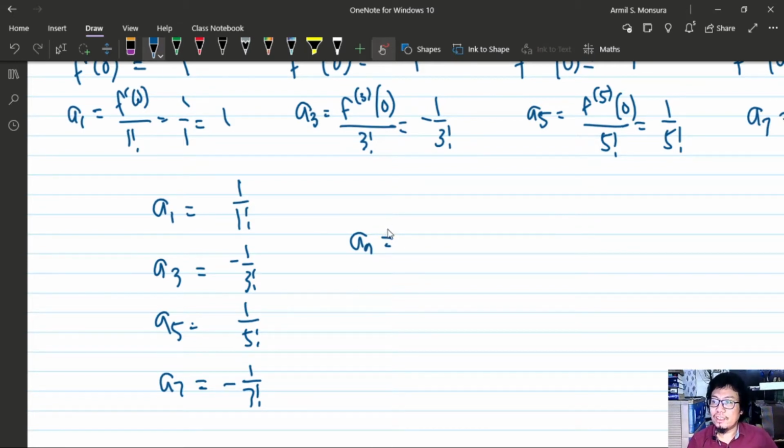Let us just look at finding the AN, considering these non-zero Maclaurin coefficients.